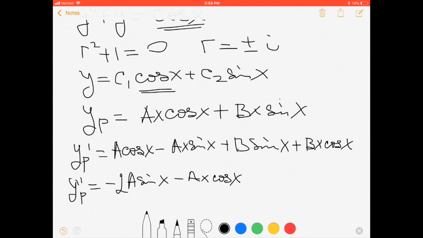Okay. b sine x gives us the derivative plus b cosine x. Use the product rule for the last term. We have b cosine x. This means we can write twice here. And minus bx sine x.